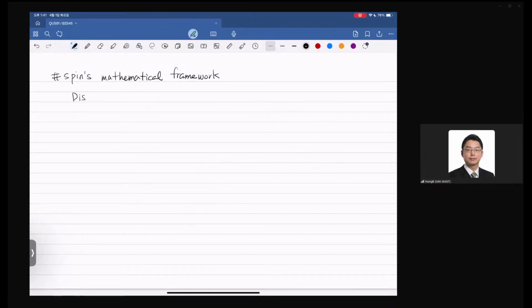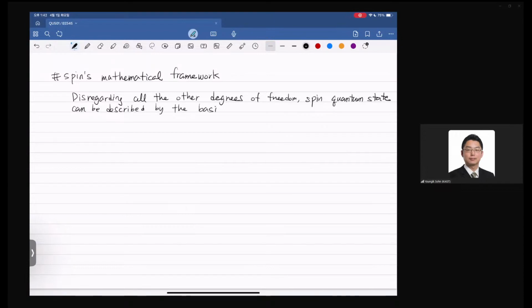So disregarding all the other degrees of freedom, the spin quantum state can be described by the basis. Very simple: the spin up state and the spin down state are the basis.